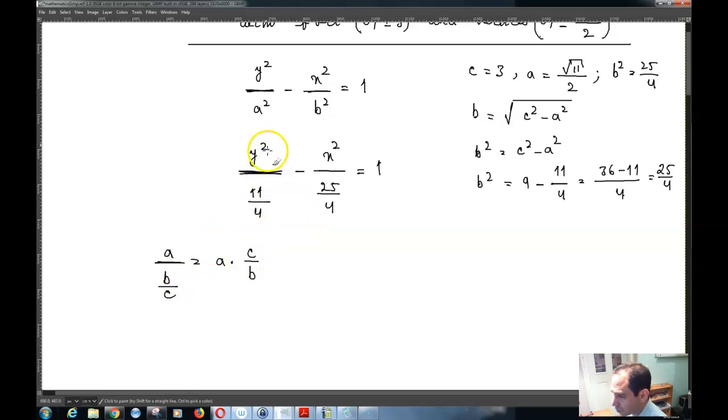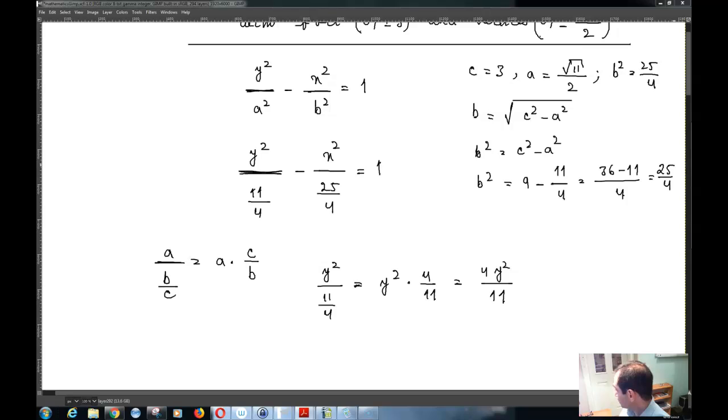So then you would write this thing, for example, y squared by 11/4, as y squared times 4/11, which would be basically 4y squared over 11. And this would be 4x squared over 25. I'm trying to find the best way to simplify this equation.